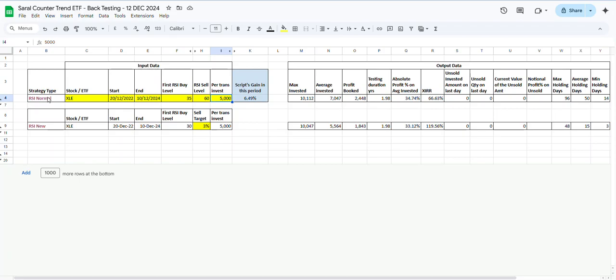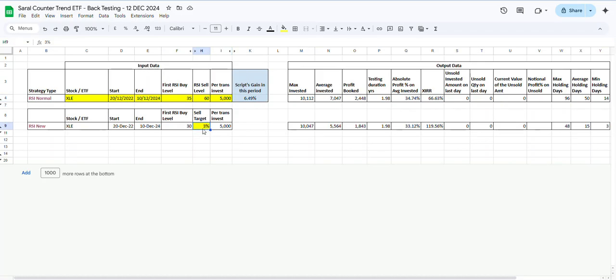Then you have XME. All these indexes have X in front of them because they are from one fund house, but these are very liquid ones. XME is a metals and mining ETF. Then you have other sector ETFs like XHB, the housing sector ETF.